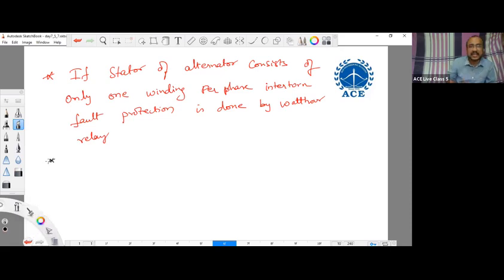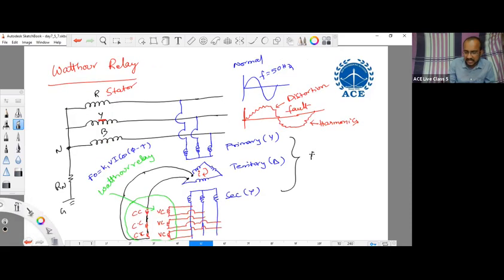So the voltage coils and current coils, how are you exciting them? By using an auxiliary transformer.